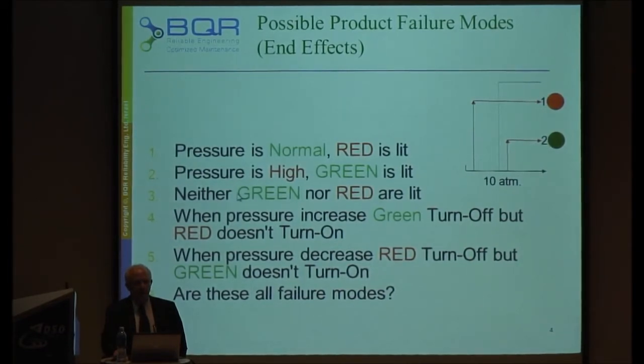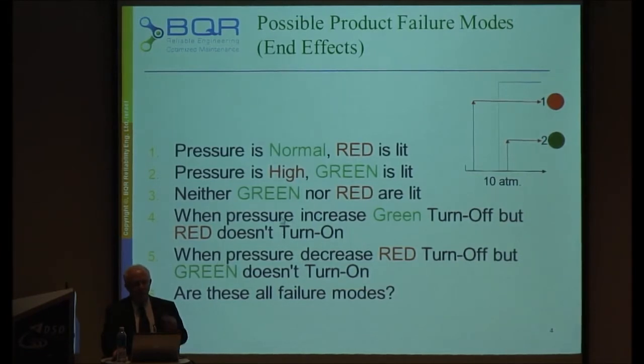The next one is that none is lighted. And the next one is when the pressure increases, the green turns off, but the red doesn't turn on. It's the same as the previous one. At the end, both are not lighted. And this is vice versa.